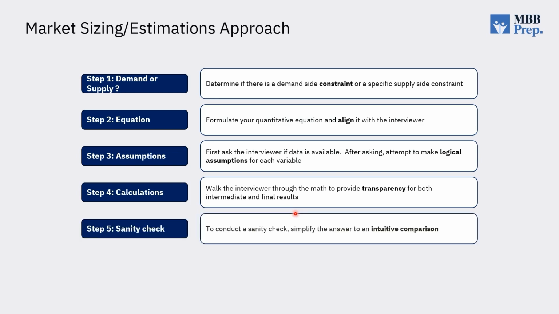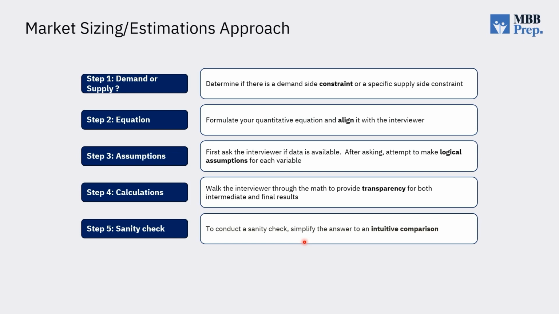After you've got a quantitative answer, we perform a sanity check by comparing the answer to an intuitively comparable number. For instance, let's go back to the physical book sales example that we took initially. Let's say you come up with an answer that 3 billion physical books are sold annually in the US.